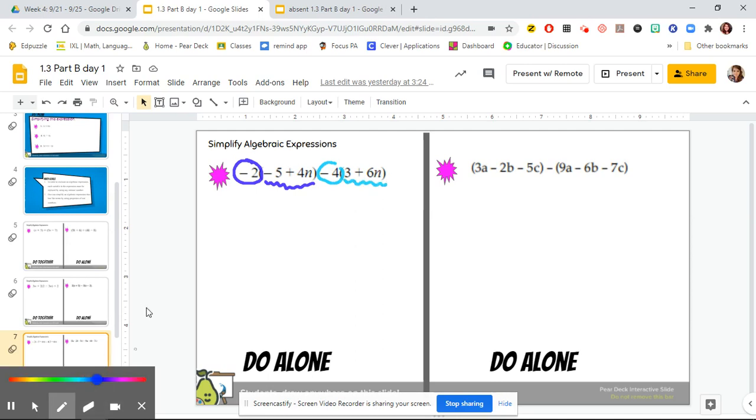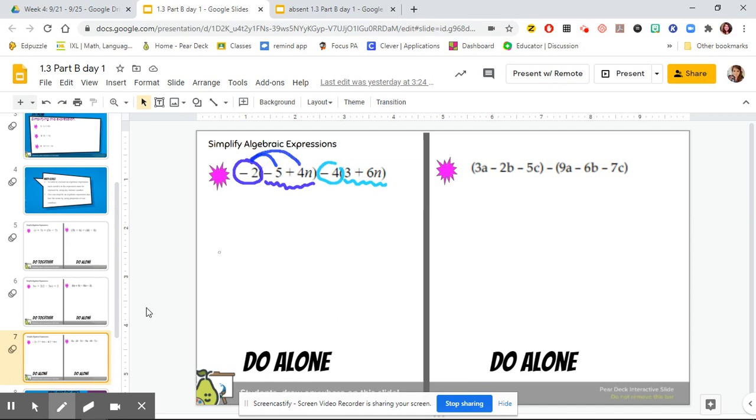So if I look inside those parentheses, I have -5 plus 4n. They are not like terms, therefore I cannot combine them together, so I cannot simplify to get rid of my parentheses.